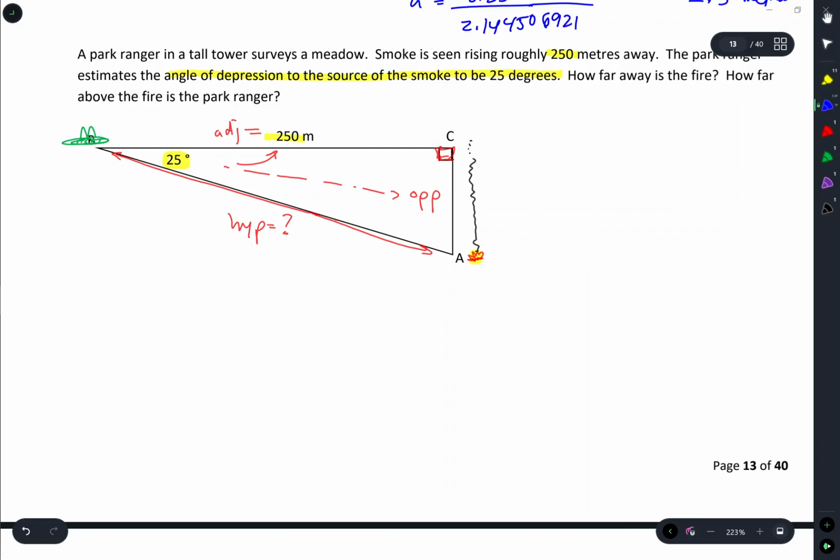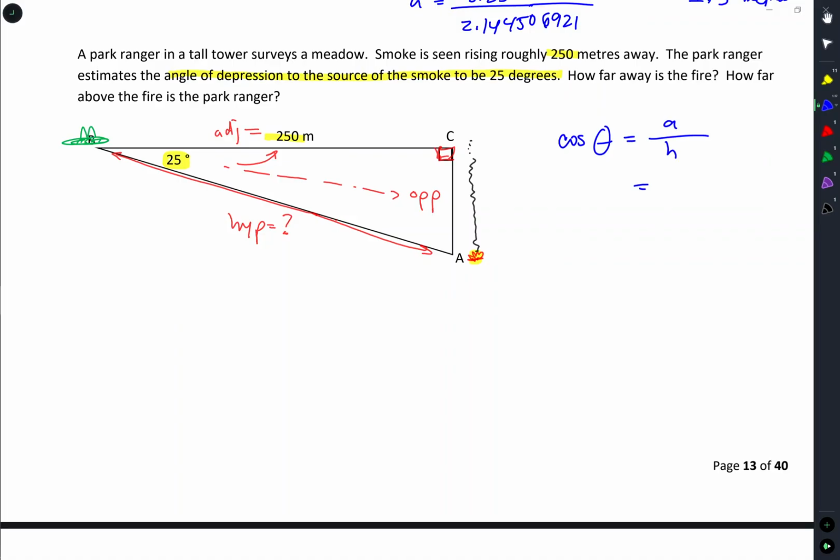Cosine theta is the adjacent over the hypotenuse. The adjacent is 250 meters. The angle is 25 degrees, and we want to find the hypotenuse. So again, that hypotenuse on the bottom, we need to bring it over to the other side and multiply. So we'll keep our cos 25, we'll keep the 250, and then that h is on the bottom, so we bring it over and we multiply.